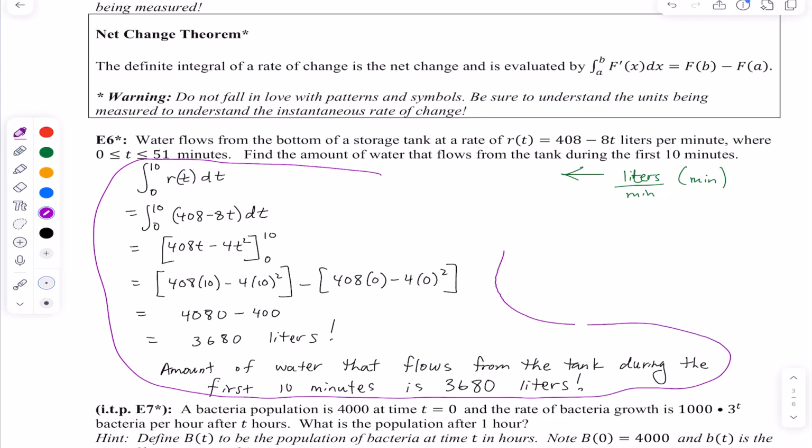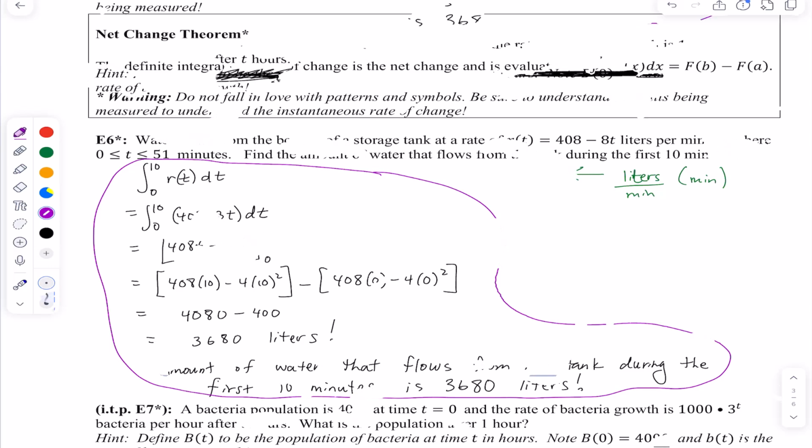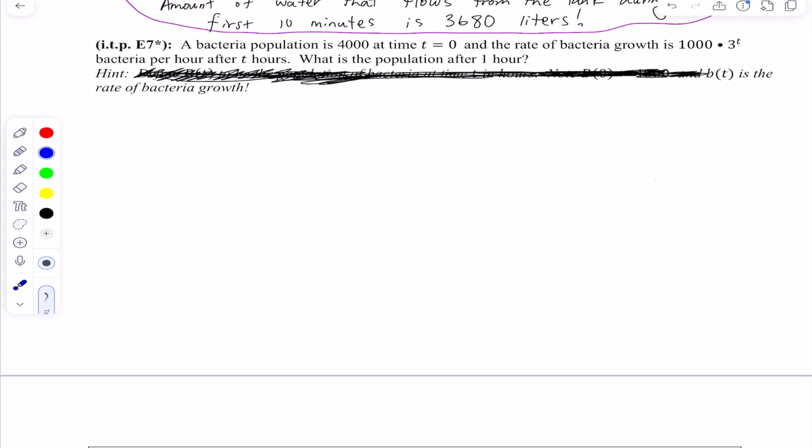Make sure you could write a short conclusion to any of these scenarios. Let's look at another example where you have to analyze the units of measure. Make sure you're looking for that first instantaneous rate of change.